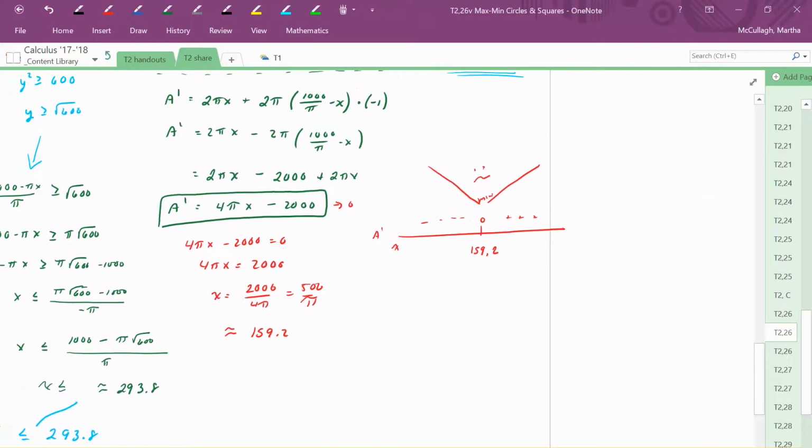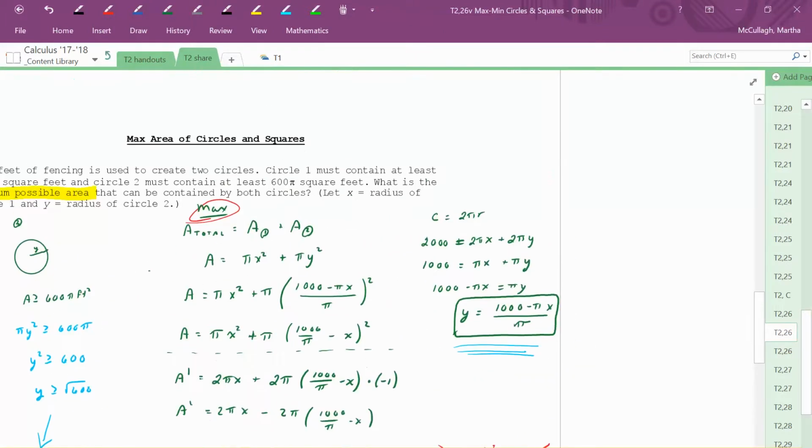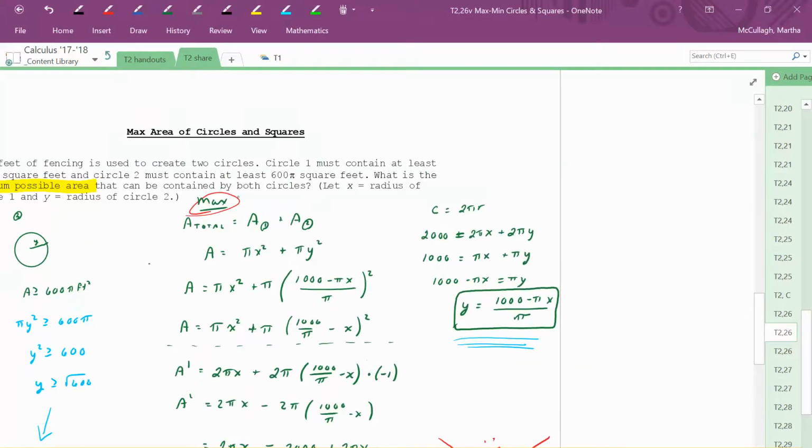So if I come back over here and say, all right, my restrictions on x have to be bigger than 34.9 and less than 293.8. What I'm looking to maximize is my area. I want to maximize my area. Well, right here, I have an area equation that's just in terms of x.